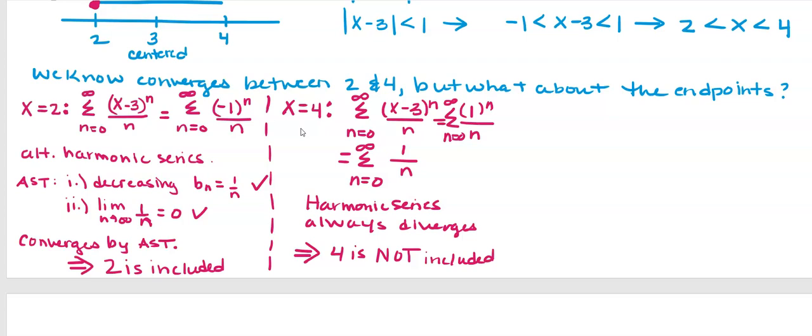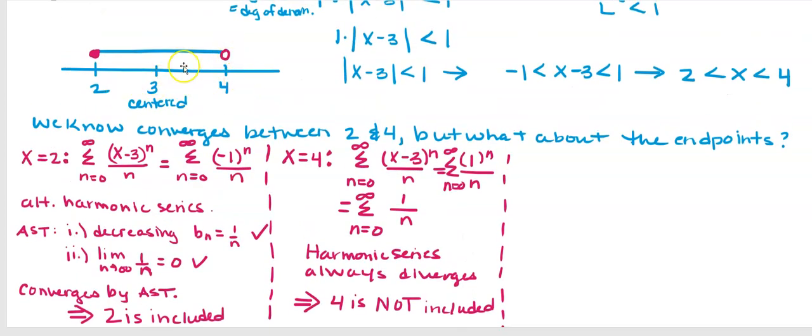So when we go up to our number line above, I'm going to put an open point on 4. Now that we have this number line drawn out, you can also see what your radius is. Your radius is the distance from the center to the endpoint.